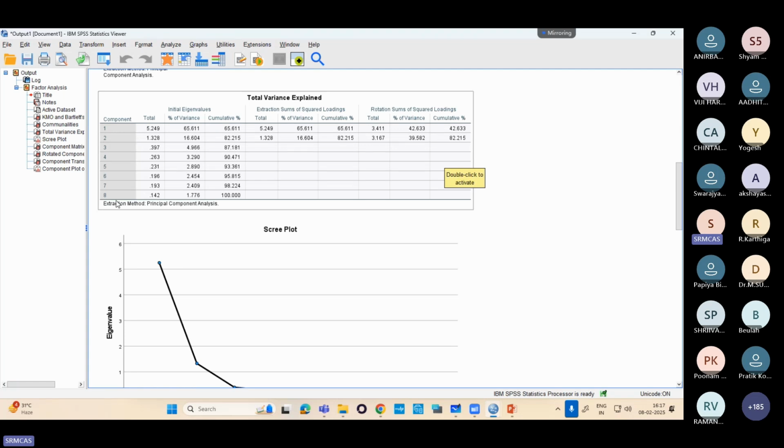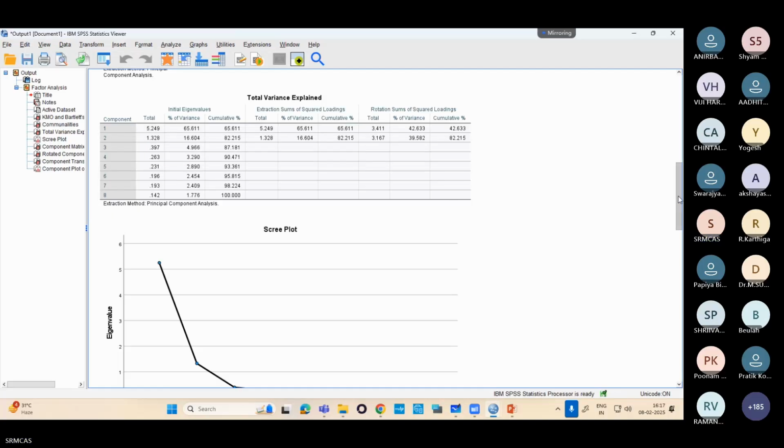So these first two factors can be selected as our new variables, or latent variables, or principal components, because these eigenvalues are more than 1. This is our criterion. Look at the cumulative 82% of the total variance expressed by these factors.